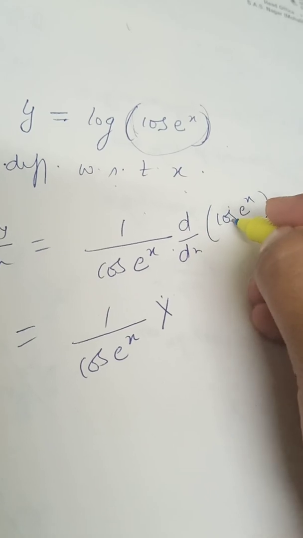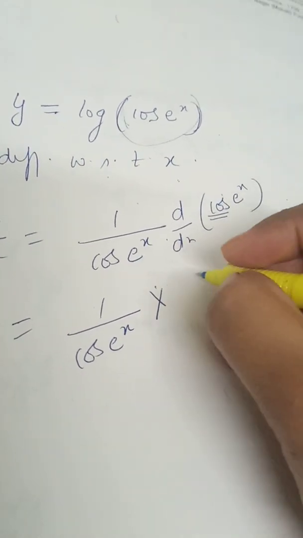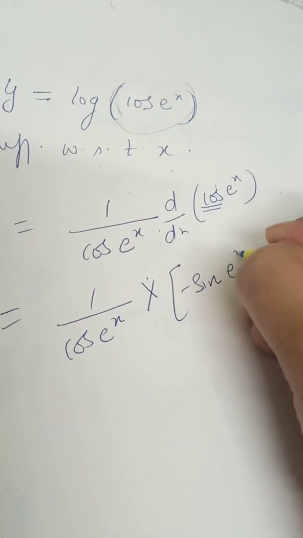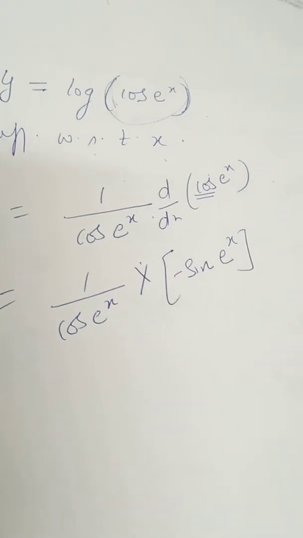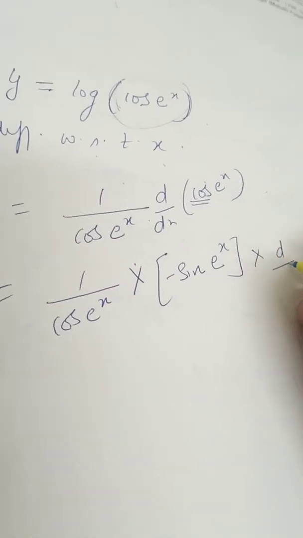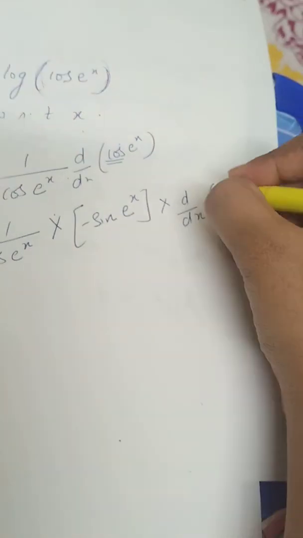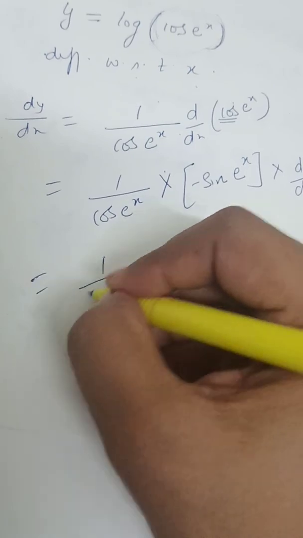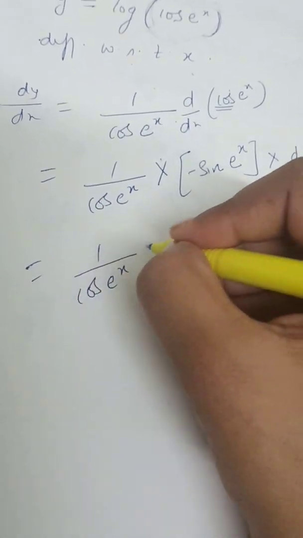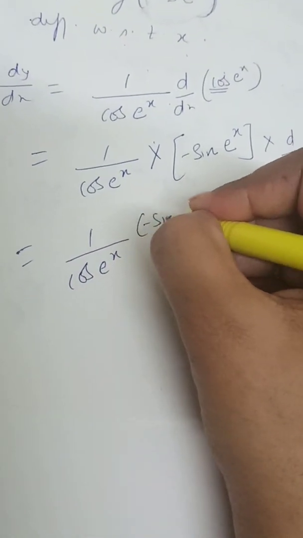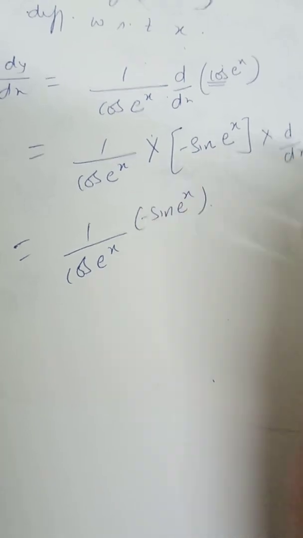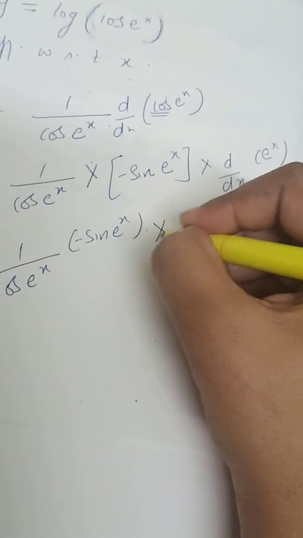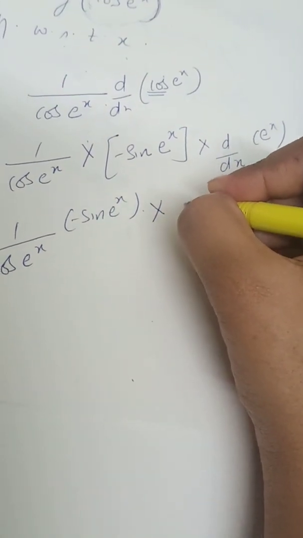Now take the derivative of cos. What is the derivative of cos? Minus sine, and the angle is as it is. Then afterward apply the chain rule, the derivative of e to the power x. Now here 1 by cos e to the power x as it is, minus sine e to the power x as it is. Here the derivative of e to the power x. What is the derivative of e to the power x?